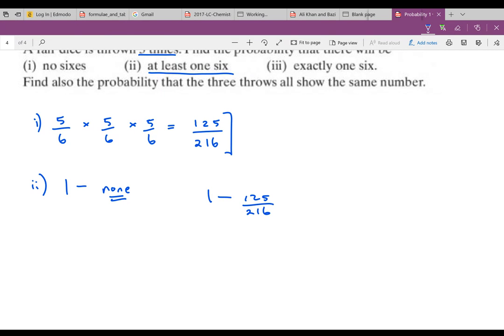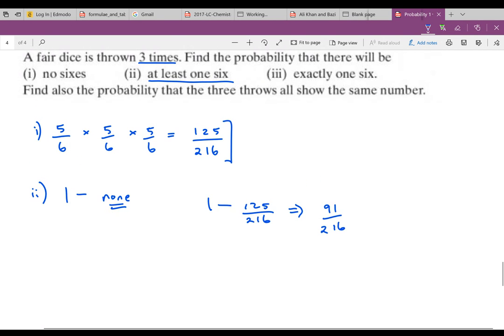Because the probability that there's at least 1 has to be the exact opposite to there being absolutely none. So the probability that there is at least 1 6 is 91 over 216.